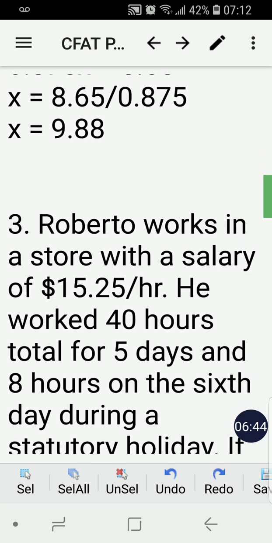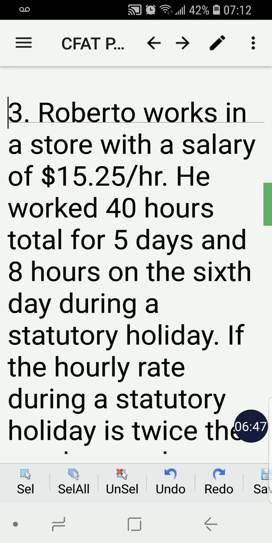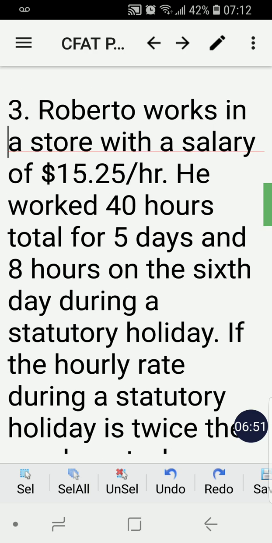Number 3 is a very practical question, especially for you guys or girls that are working. So Roberto works in a store with a salary of 15.25 per hour. He worked 40 hours total for 5 days and 8 hours on the 6th day during a statutory holiday.